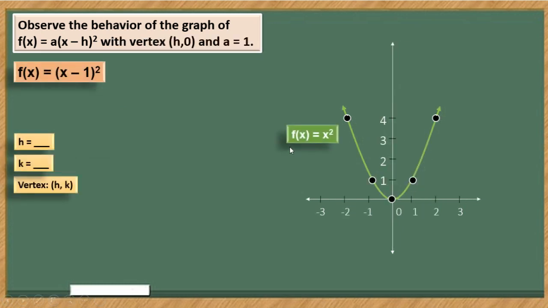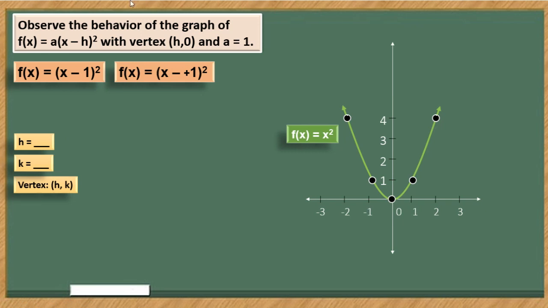Now let's take this example, a quadratic function defined as the square of the difference of x and 1. Looking at the formula, can you identify the value of h? What do you think is the value of h? Is it positive 1 or negative 1? Let's find out.